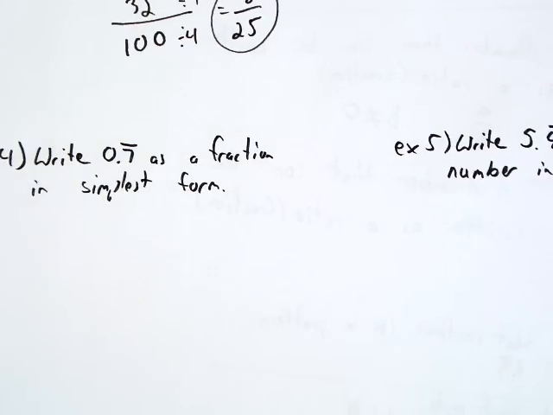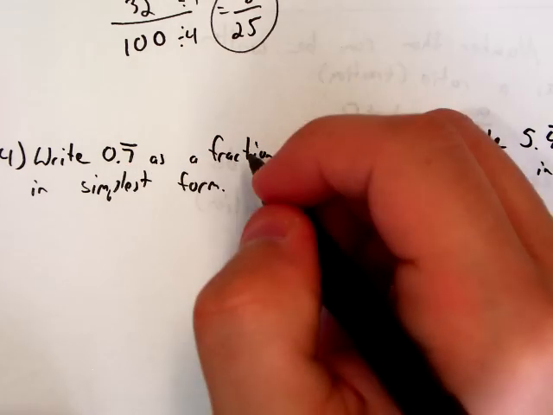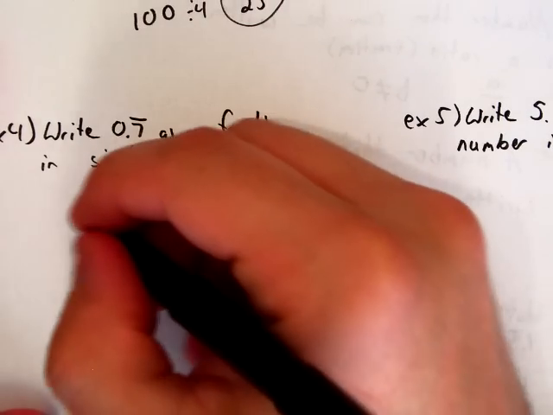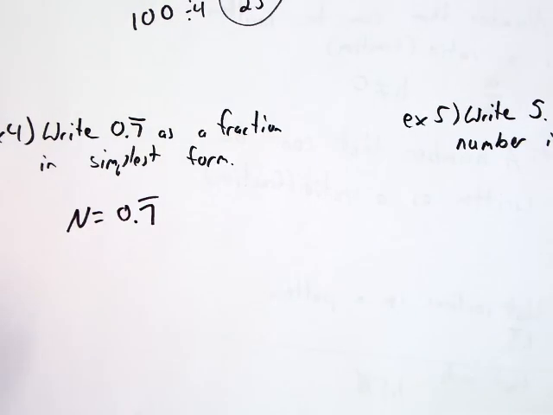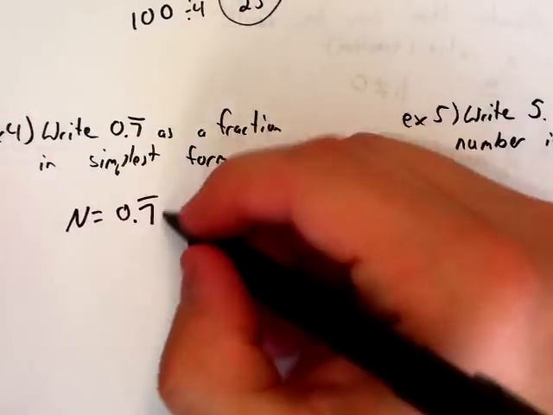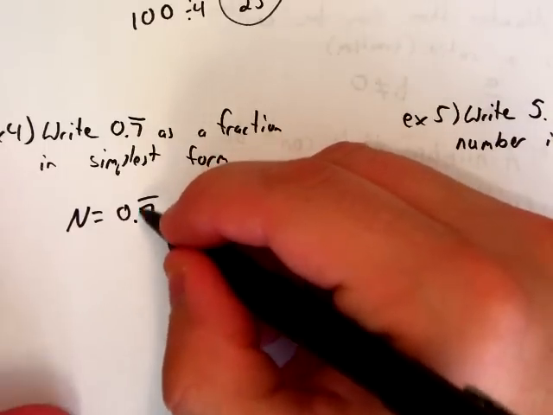Last two examples, these are the tricky ones. There is a trick to this, but you need to figure out what that trick is. So as we progress through this question, write 0.7 repeating as a fraction in simplest form. What we do is we set this decimal equal to a variable, n. Next, there is one number being repeated, and that number is in the 10th place.